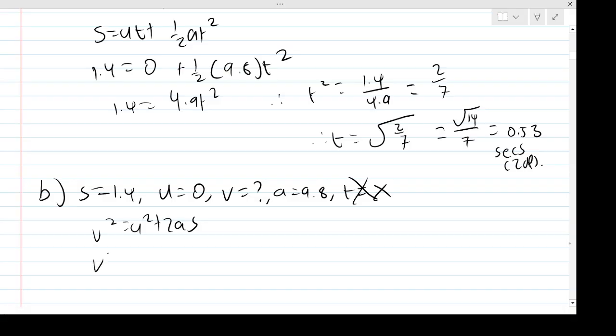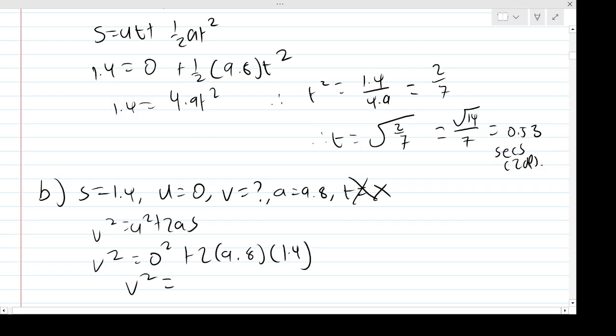So V squared is going to be 0 squared, add 2 lots of 9.8 lots of 1.4, and that will be V squared is 27.44.